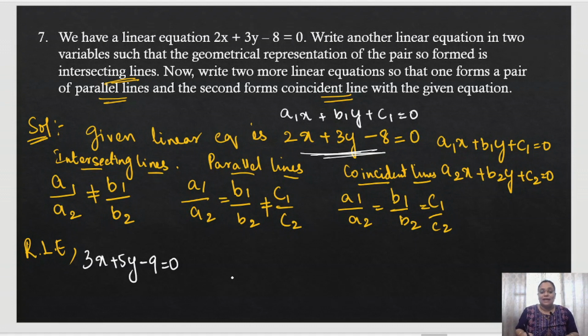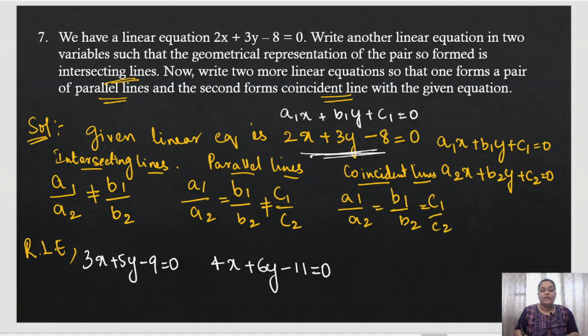Okay. Now let us write the linear equation for the parallel lines. So it should be a1 by a2 is equal to b1 by b2 is not equal to c1 by c2. So we can take it as 4x plus 6y minus 11 is equal to 0.